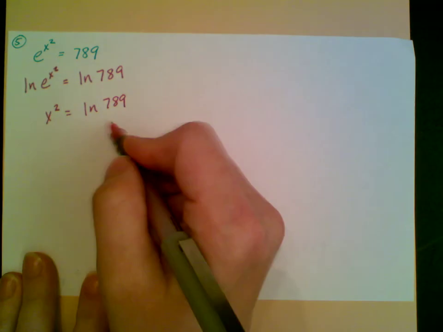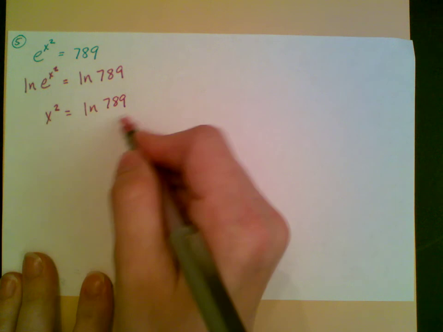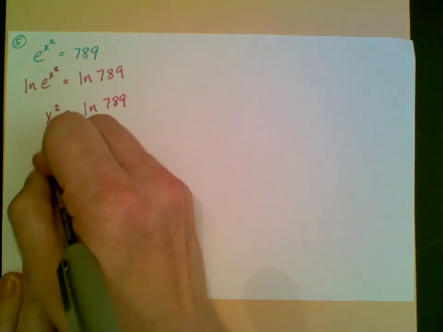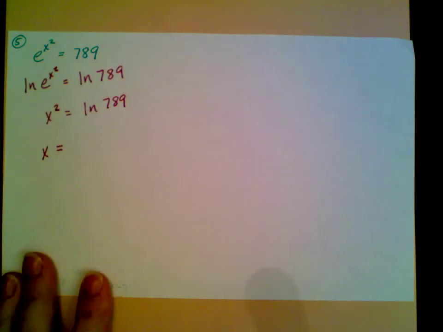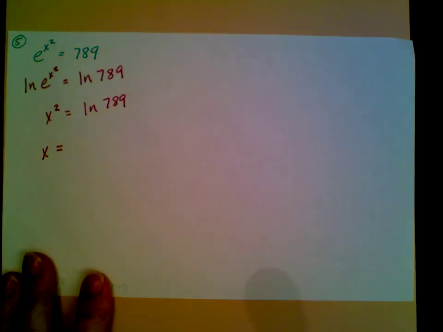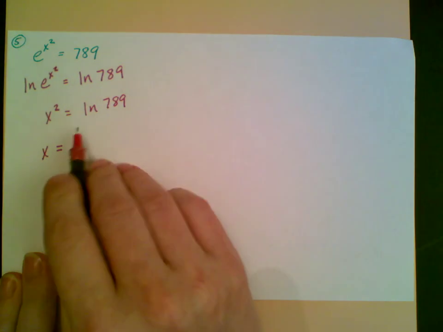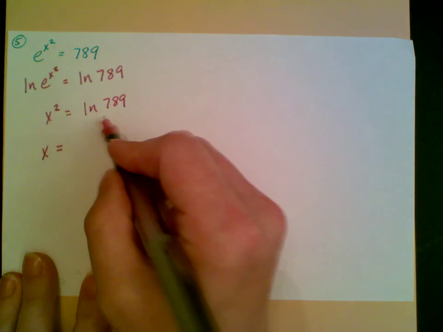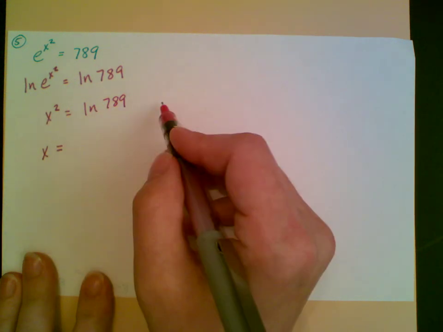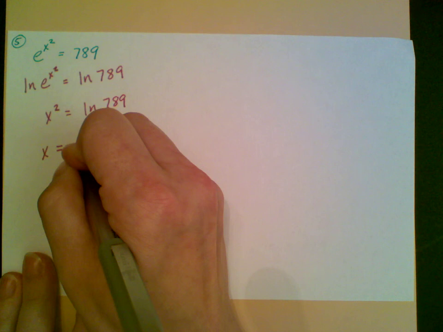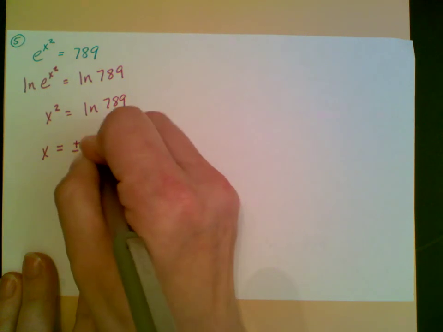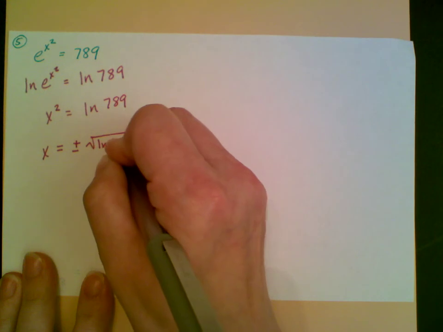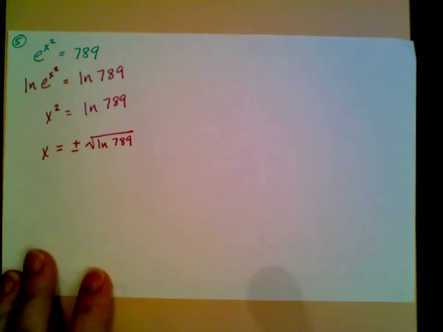And now I'm going to remember that this is just a number. One thing that we can do is just wait until the very end to punch any of this into the calculator. I had been bringing out the calculator as we go, but I've got x squared equals a number, which means that x is equal to plus or minus the square root of that number, and that number is the natural log of 789.